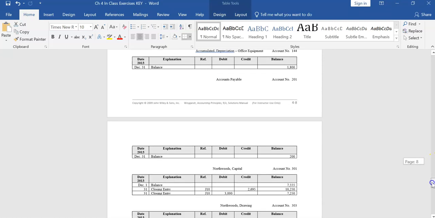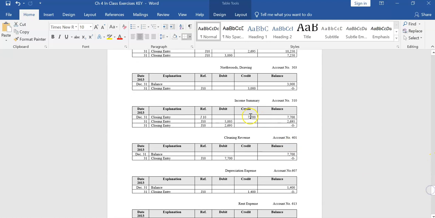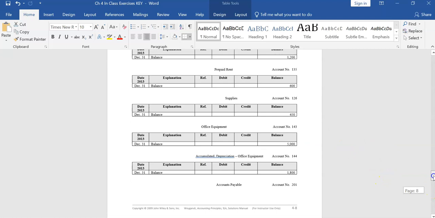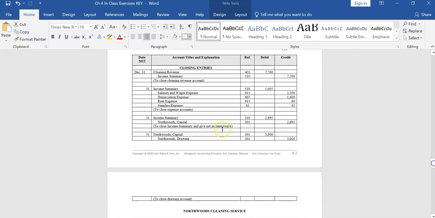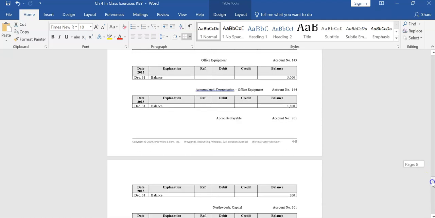After those first two closing entries, let's take a look at what's in income summary. After those first two journal entries were recorded, we're left with the credit balance in income summary. So now we are going to close out income summary by debiting it and crediting Northwood's capital.